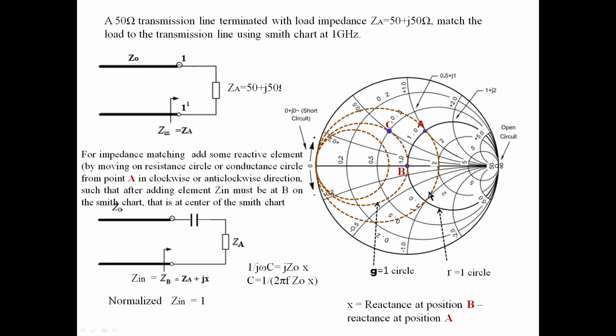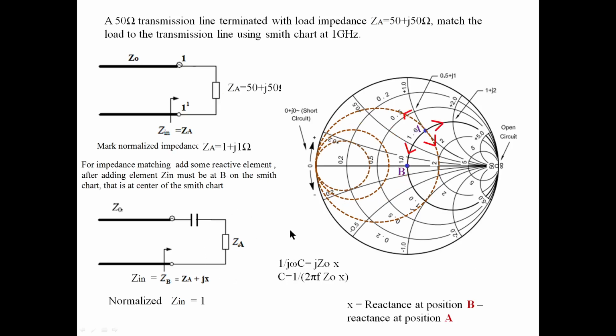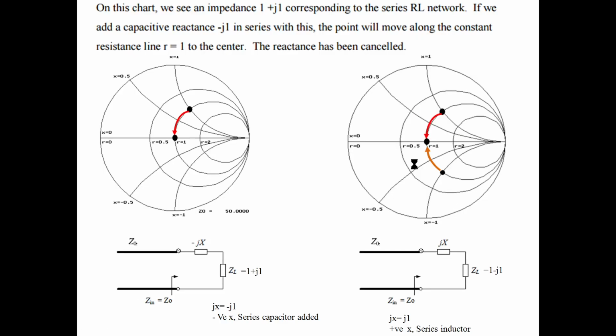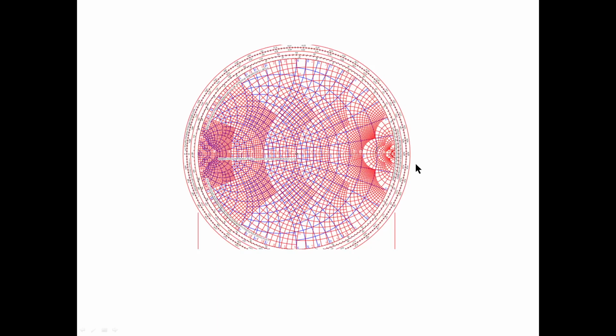Based on that, you should find out the value of the component. See, like this. Here I am here. First, the load point is not on the R is equal to 1 circle. So first reach the R is equal to 1 circle, and afterwards you reach the center. These are the examples.